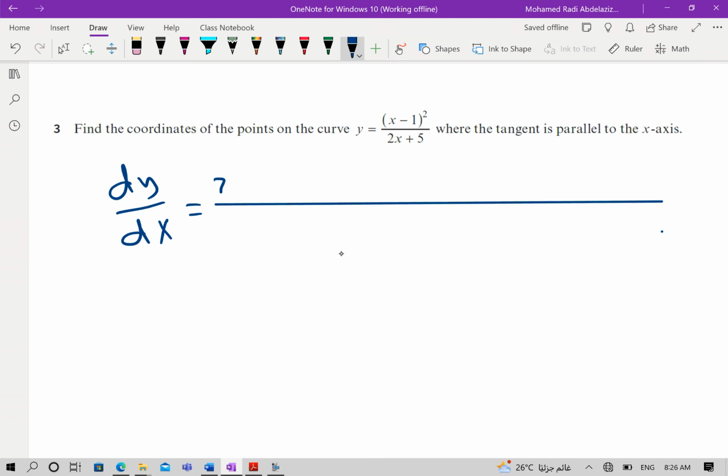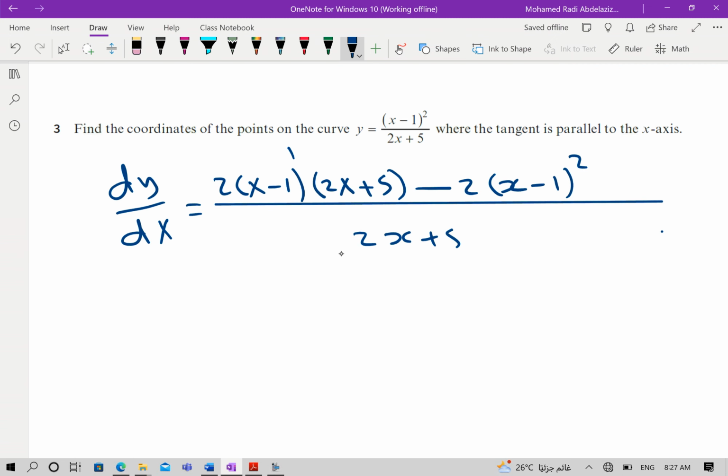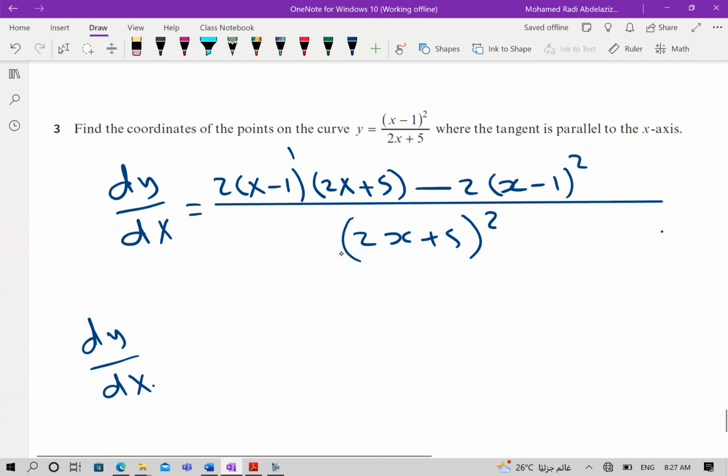Differentiation of first, 2(x minus 1) to the power of 1, multiplied by second 2x plus 5, minus differentiation of second, which is 2, multiplied by (x minus 1) all squared, divided by (2x plus 5) the whole squared.